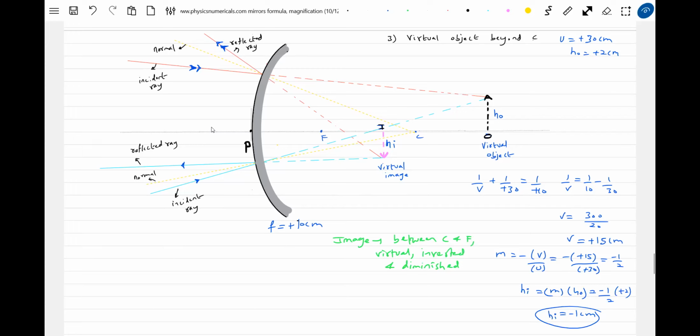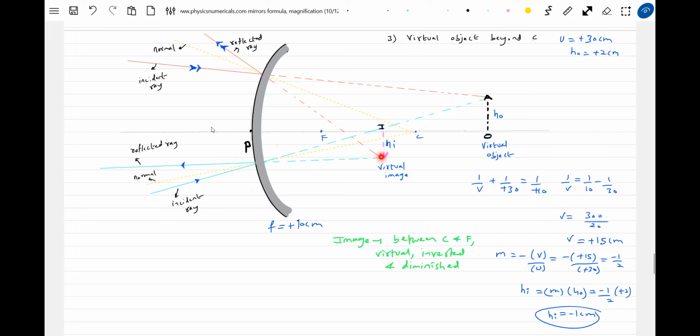Okay, let's come to the ray diagram. Over the ray diagram, this is a virtual object. So the incident rays should converge. I took an incident ray like this, and this incident ray. So they are converging, no? You can see here. The point of convergence should be the location of the extended virtual object. Then after reflection, this will become the reflected ray. It is diverging from this point. Similarly, after reflection, this is diverging from this point.